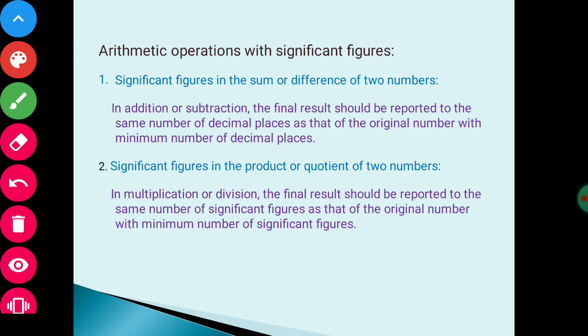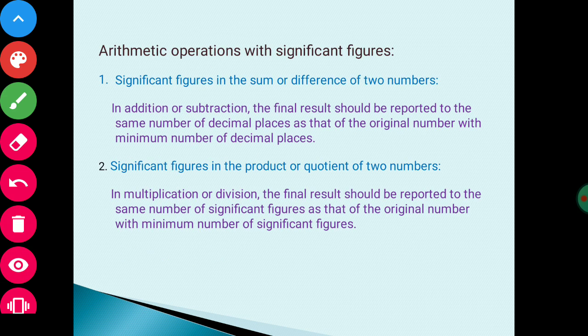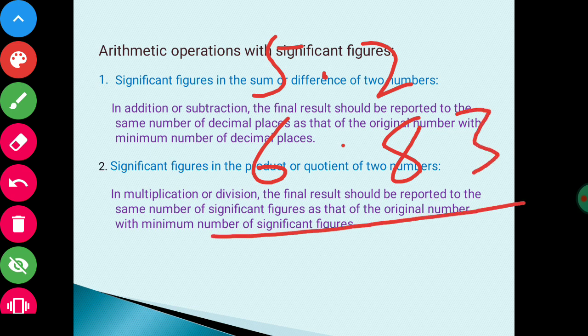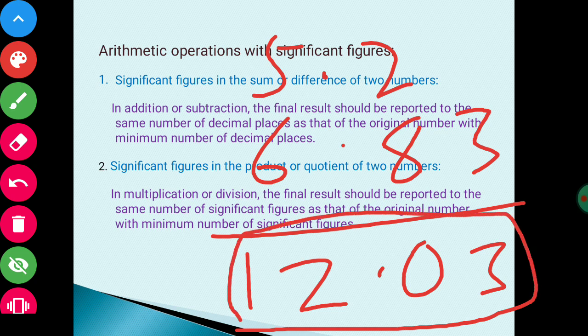Suppose that you want to add 5.2 and another number 6.83. Now the addition is 3, 8 and 2, 10, carry 1, 6 and 5, 11 and 1, 12. So the sum is 12.03.